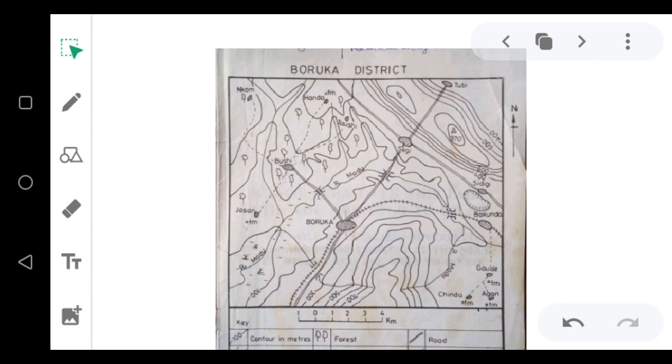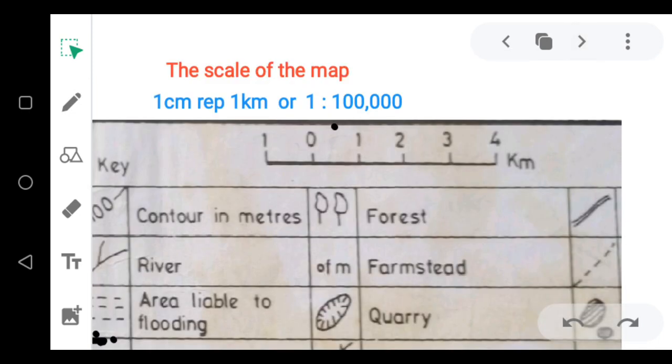So let's see some of the questions often asked during WAEC exams. What is the scale of the map? All you need to do is to go to the bottom of the map and look at the scales. Here we have the scale represented linearly. This is a linear scale. How do you interpret it? Take your ruler, put it in 0, measure it off to 1.